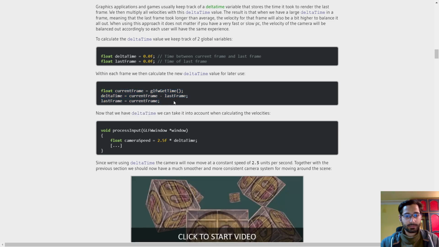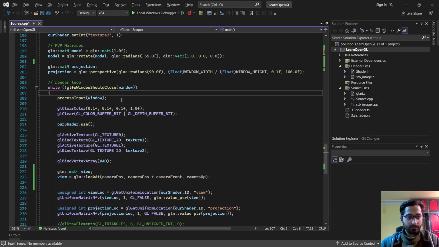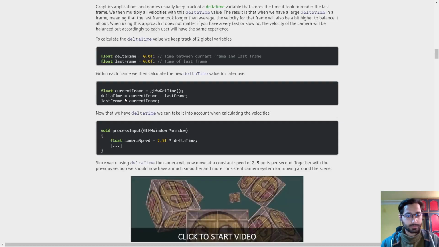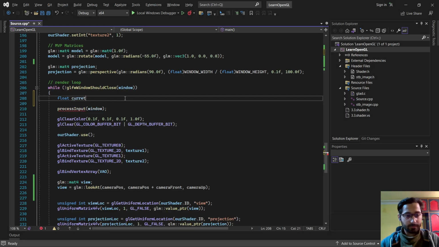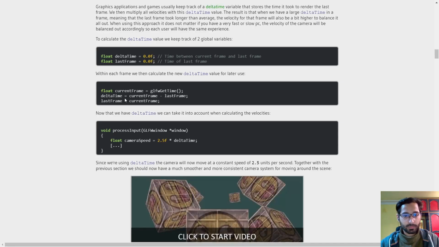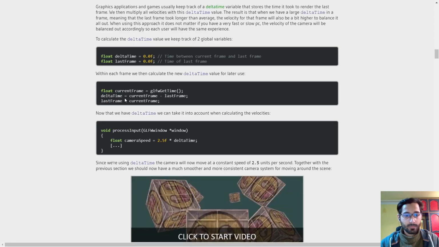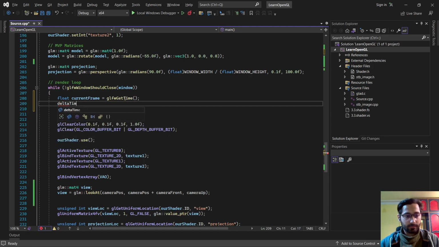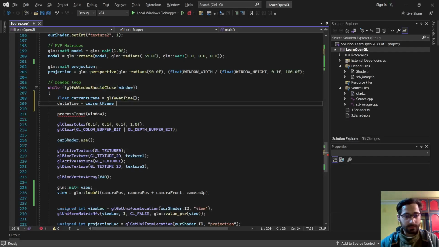So I'm assuming this calculation would be done inside the render frame at the beginning. Okay. Let's try to do this here. So we have a float current frame, which is equal to glfwGetTime, and then the delta time will be equal to the current frame minus the last frame.